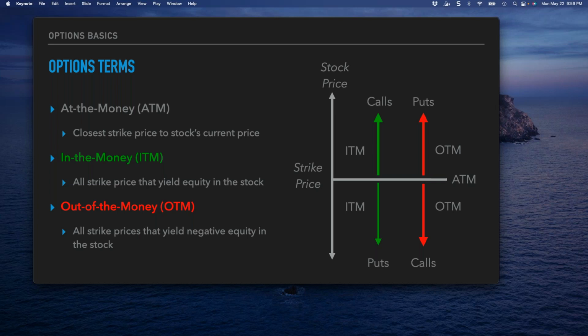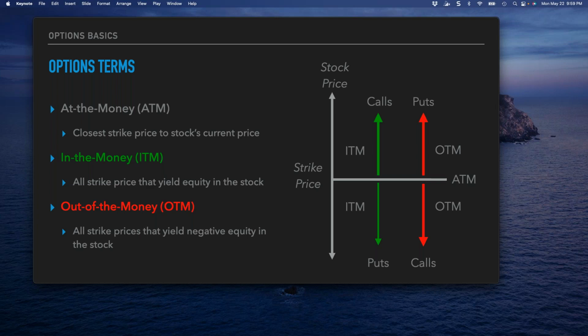For option buyers, out of the money options are very aggressive and involve a much higher level of risk than in the money options. When we're talking about being option sellers, which is what the Rebel Income system emphasizes, we really are flipping the conservative versus aggressive script when it comes to in the money and out of the money options.